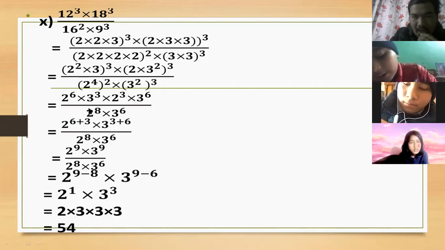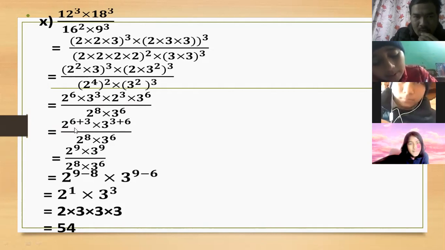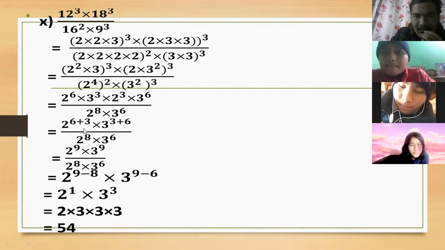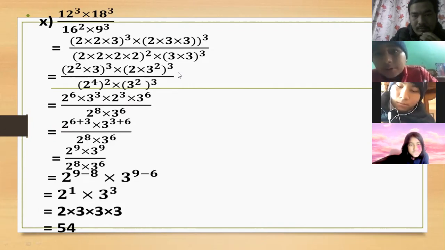And up and down, look, numerator and denominator means divide. And when you divide, we have to put only one base and we have to subtract the power. While dividing, keep only one base and subtract the power.